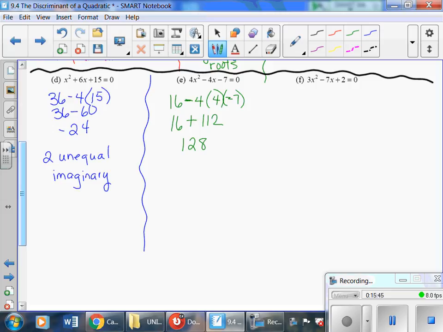It's not a perfect square. Remember, let's see, 121 is a perfect square. That's 11 squared. 144 is a perfect square. That's 12 squared. So here I'm going to have two unequal irrational roots, because we're going to be left with a radical.